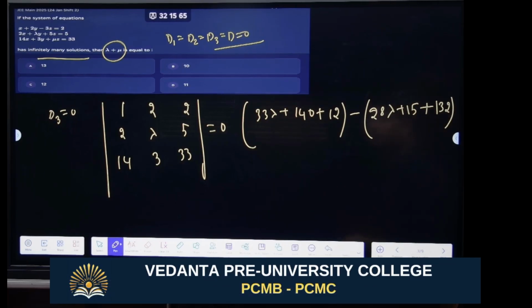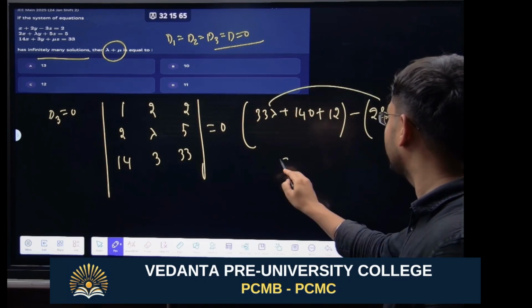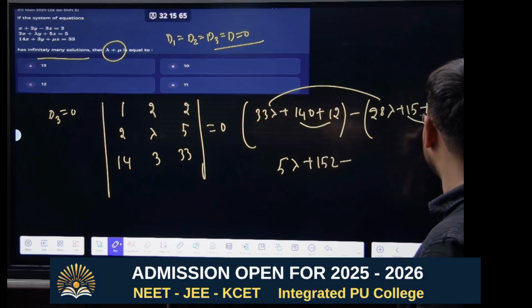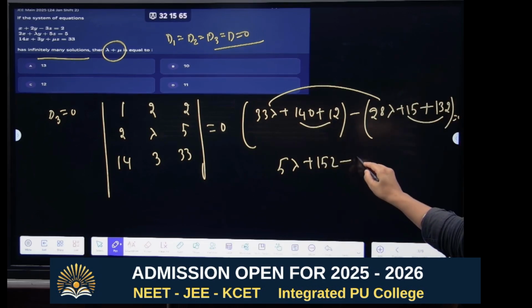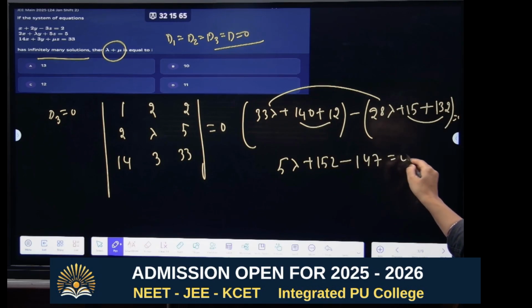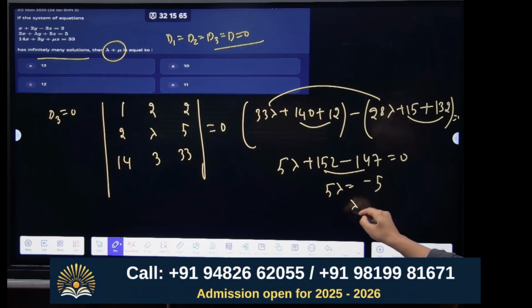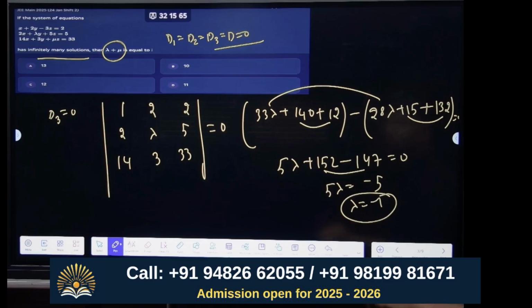Now you simplify it, this determinant will be equal to 0. So this will be 5 lambda, this will be 152 and this will be 147. So 5 lambda is equal to minus 5, lambda is coming minus 1. Lambda is coming minus 1 after solving D3.